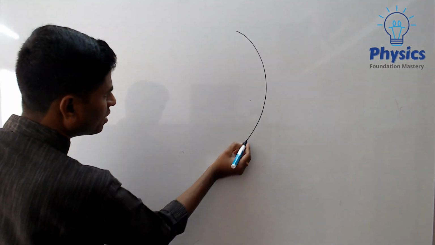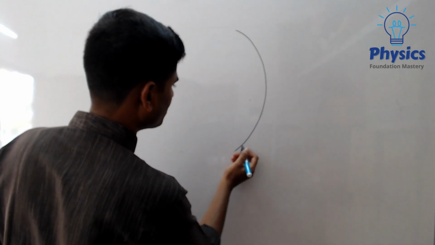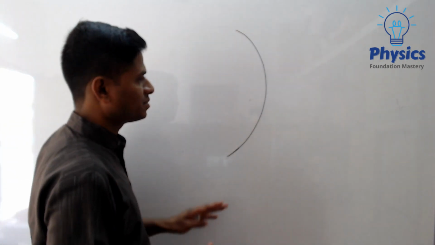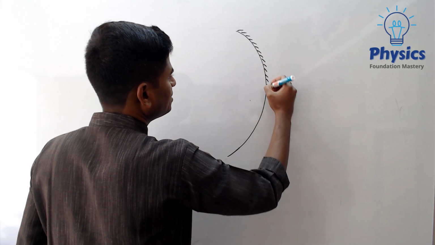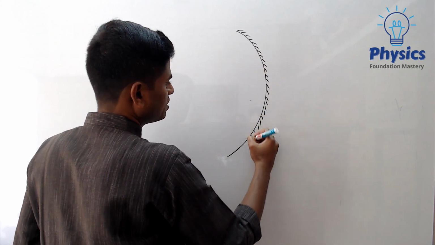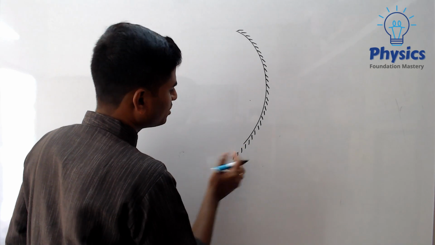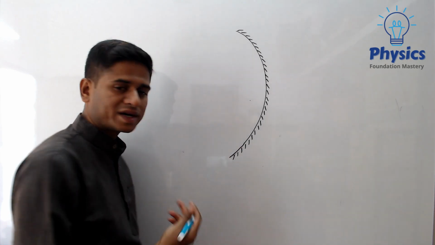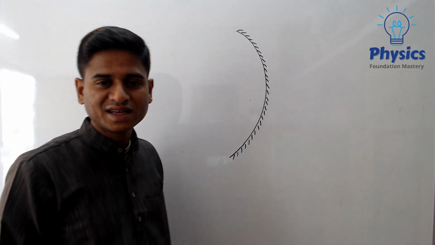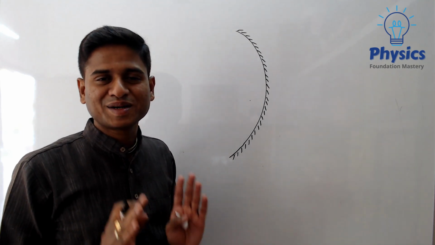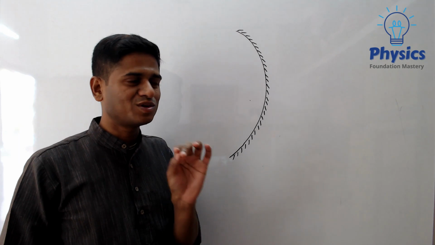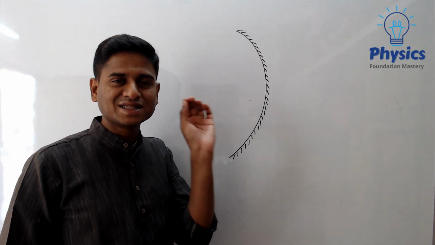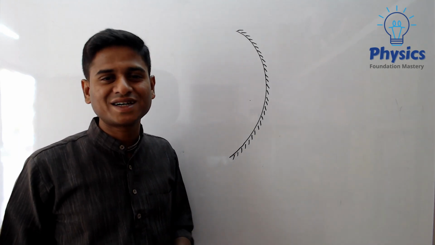So let's look at how it works. We have a concave mirror. A concave mirror is a part of a sphere. Many times when we start discussing concave mirrors, I observe that students become a little scared. But please understand, it is very simple. All you have to do is draw the incident rays and the reflected rays, and see where the reflected rays are meeting.